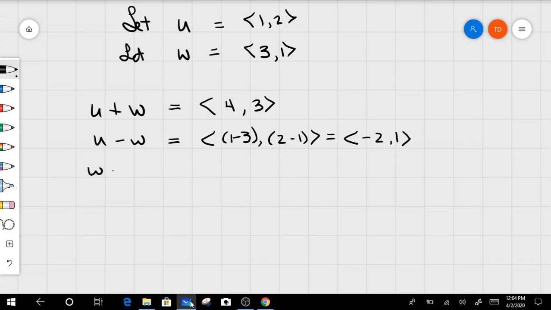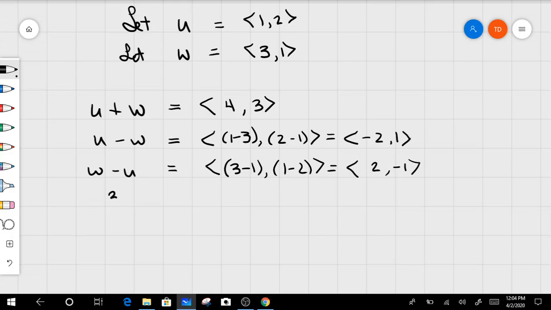How about w minus u? Three minus 1, 1 minus 2 would result in 2, negative 1. So notice that u minus w is not the same as w minus u, and that's because subtraction is not commutative.